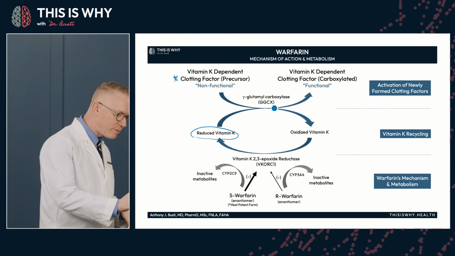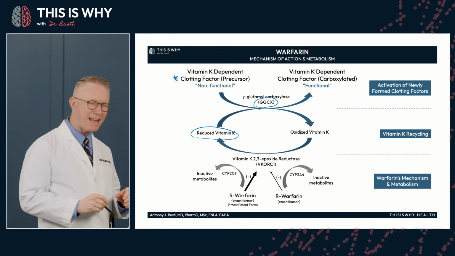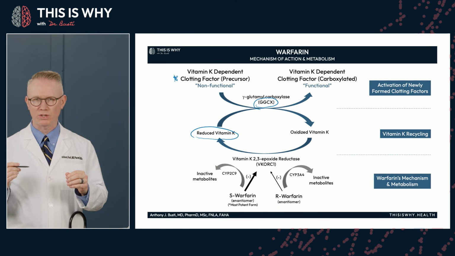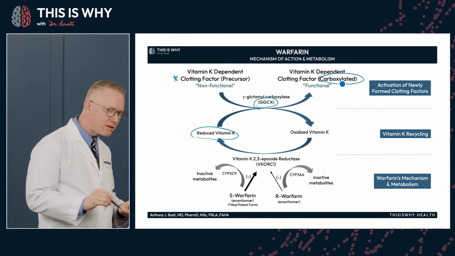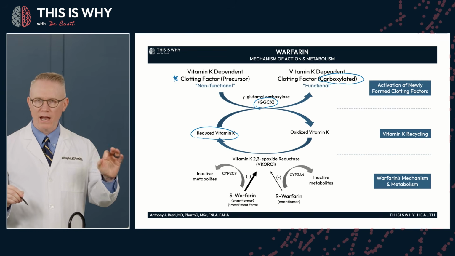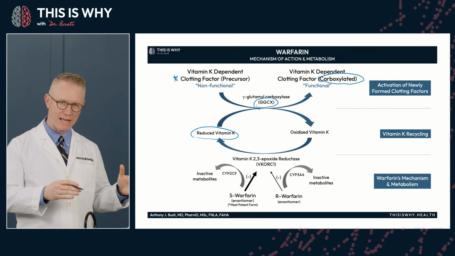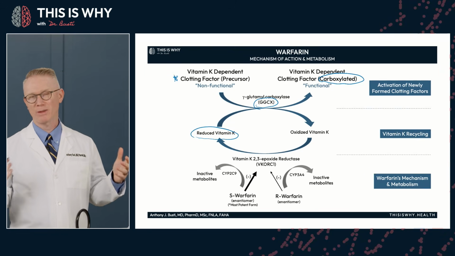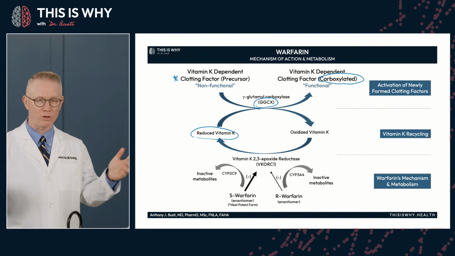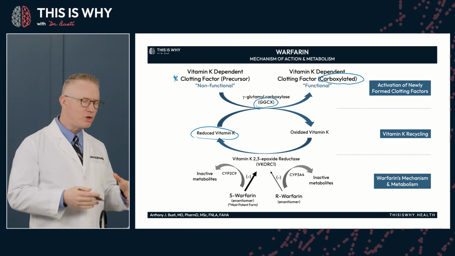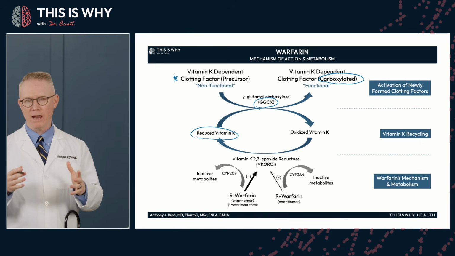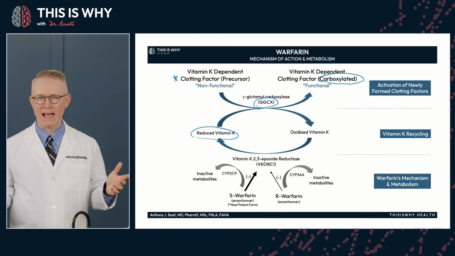And gamma glutamyl carboxylase is the enzyme that uses that reduced vitamin K to carboxylate the clotting factor. And by carboxylating it, it actually makes it active and able to interact with other things around it, okay? So you can make clotting factors and prevent them from being activated.